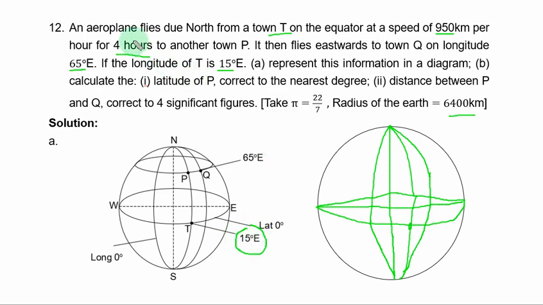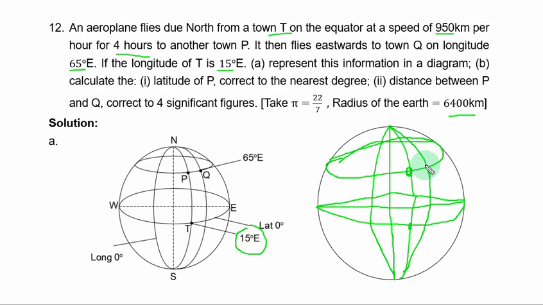Now the aeroplane flies due north from town T. So from the north we have another small circle here, which is also known as a parallel of latitude. So it flies from T to P. So we have P somewhere here. From T to P is due north.